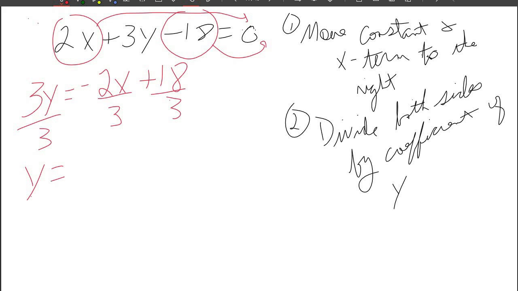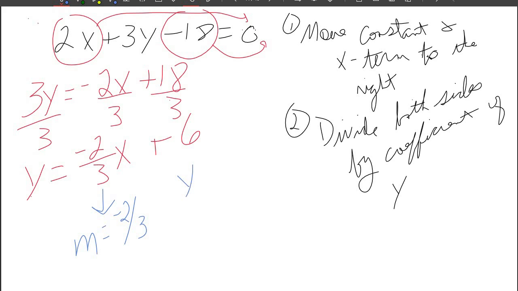And we'll get y equals negative 2/3 x plus 6. When we put it in this form, we can find the slope. The number in front of the x is the slope, so the slope is negative 2/3. The y-intercept is equal to 6. So if you're asked to find the slope and the y-intercept and you're given it in that special form, you have to rearrange it, and then you can find the slope and the y-intercept.